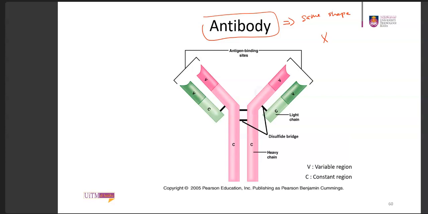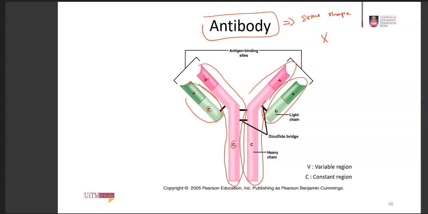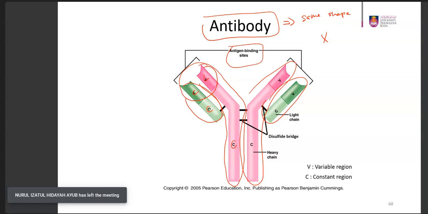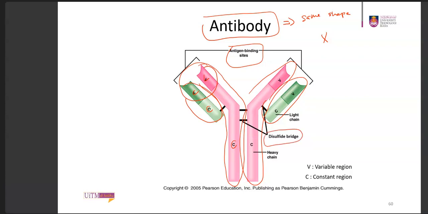The rest is the same. Antibody has two heavy chains and two light chains, and then you have the constant region and the variable region. The variable region will determine the antigen binding site, and all these chains are connected by disulfide bridges.